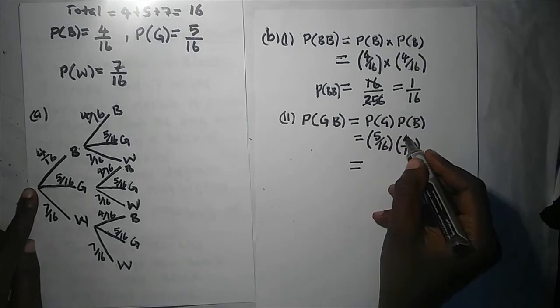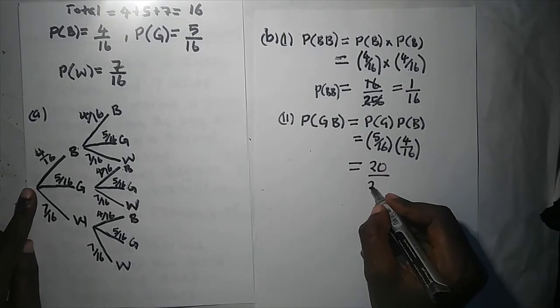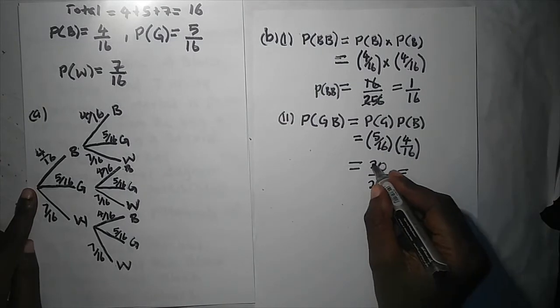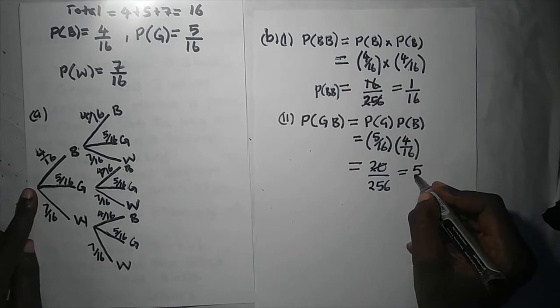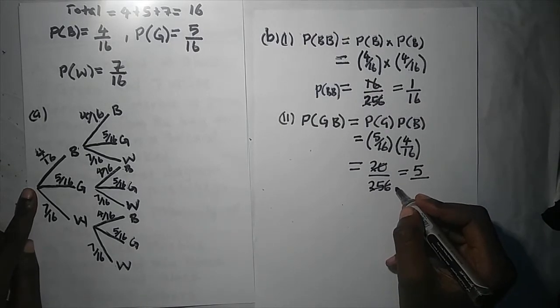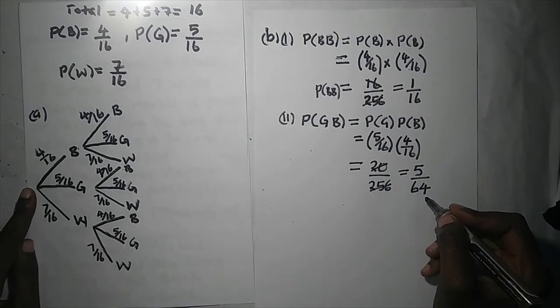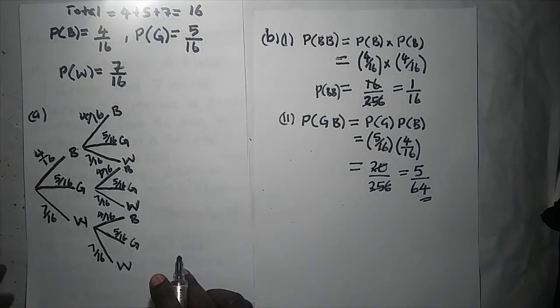You're going to have 5 times 4, which will give you 20 over 16 times 16 is 256, which can also be simplified here because 4 can go into both numbers. So we can say 4 into 20 is 5, and then 4 into 256 is actually 64. Okay, so this is our answer for probability of green first and then black.